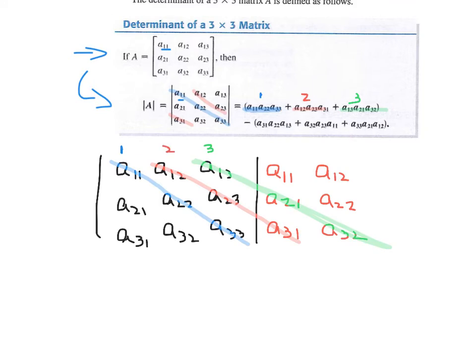And now to get what you're subtracting, I go from bottom to the top. So this one I'll call 4. And I would go from bottom to the top. And then to get the middle one here, call this 5.